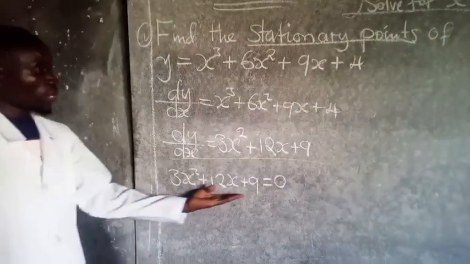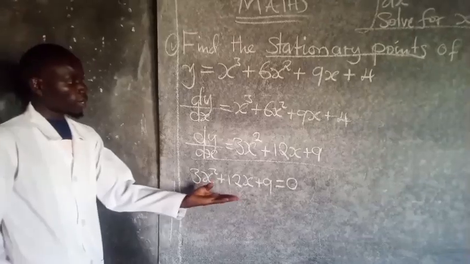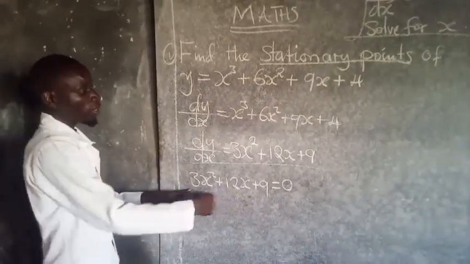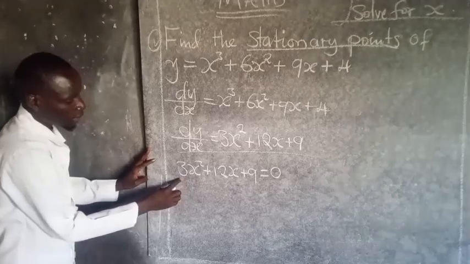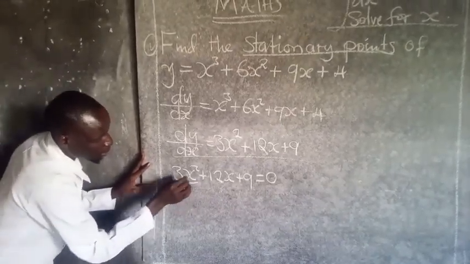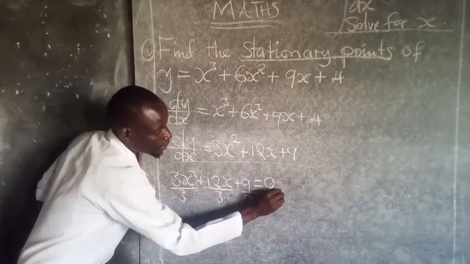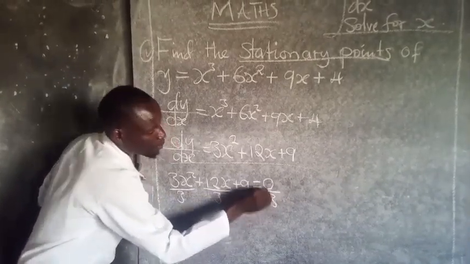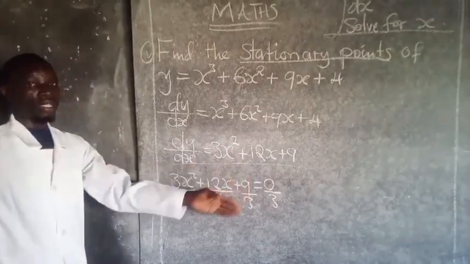Now, when you look at this question, this is a quadratic equation. And since it is a quadratic equation, we can still simplify this question by dividing both sides by 3. What we do to this side, we have to do also to the other side.